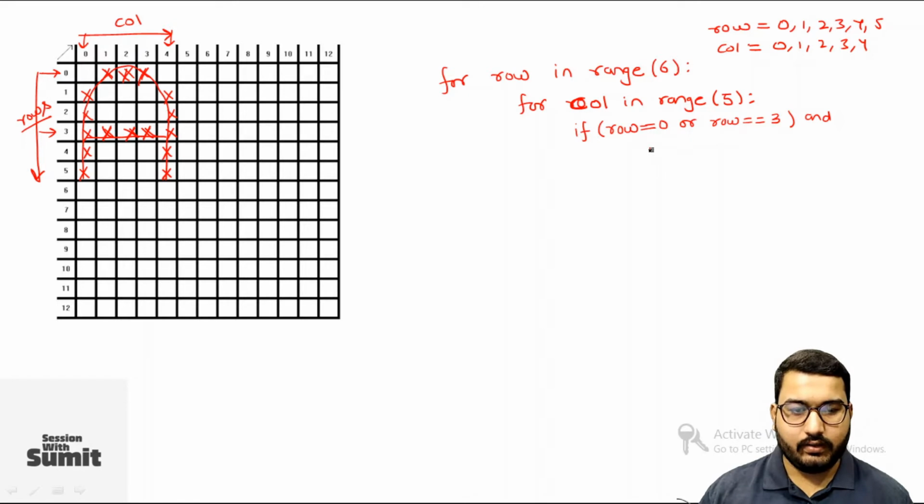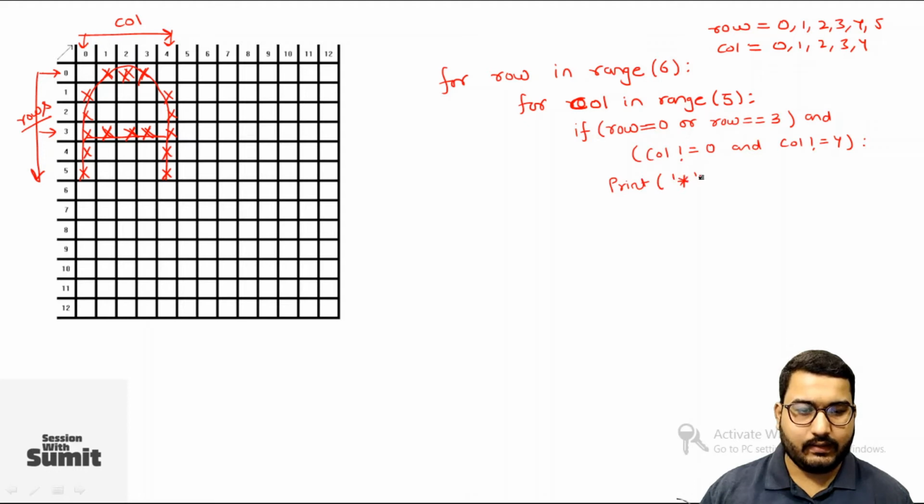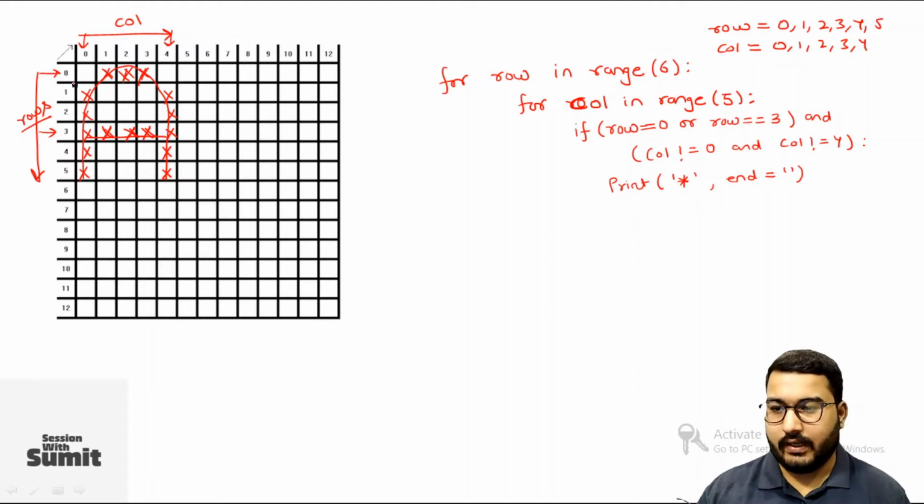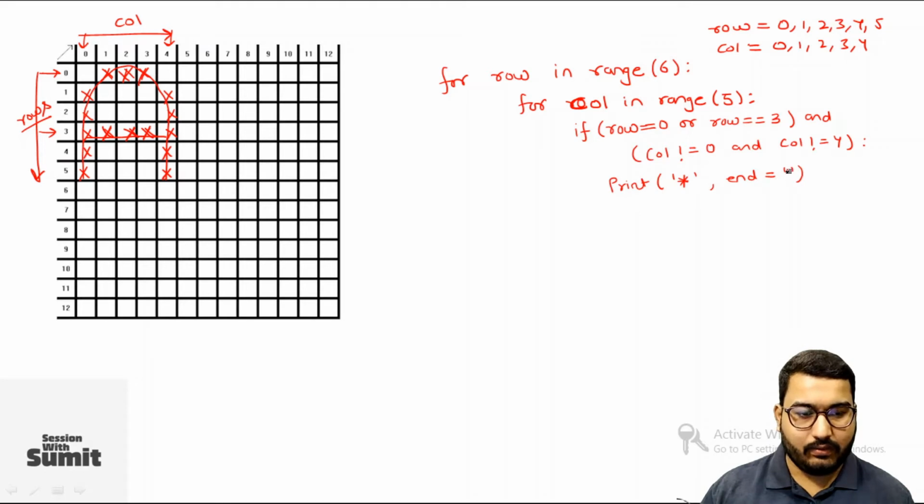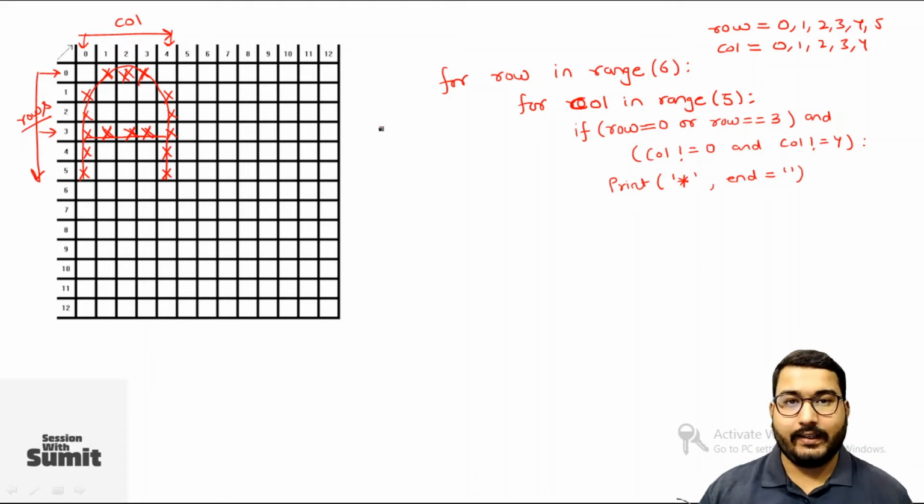So your col is not equal to 0 and your col is not equal to 4. Then in this case I need to print star, with end equal to nothing, because I need the star to be printed in the same line. If I don't write end equal to nothing, then it will print in the next line.